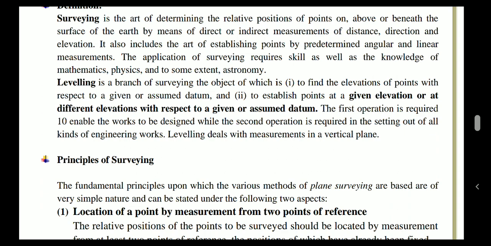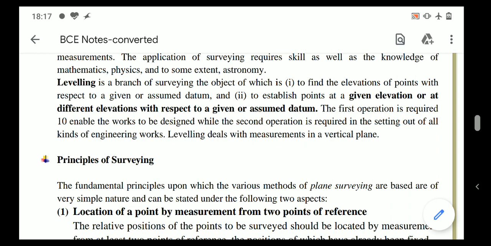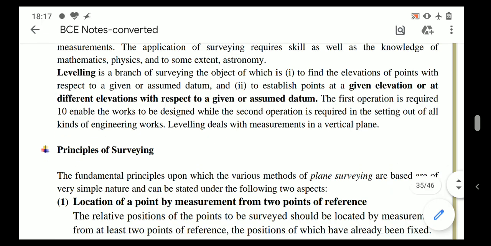Then what is geodetic surveying? It is that type of surveying in which the shape of the earth is taken into account. So all lines lying on the surface are curved lines and the triangles are spherical triangles. Geodetic surveying includes work of larger magnitude and high degree of precision.